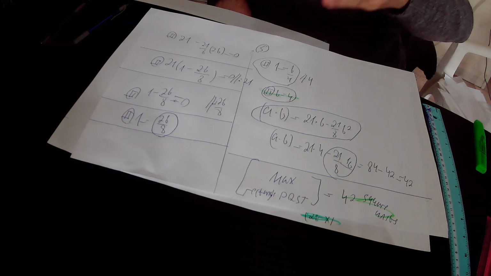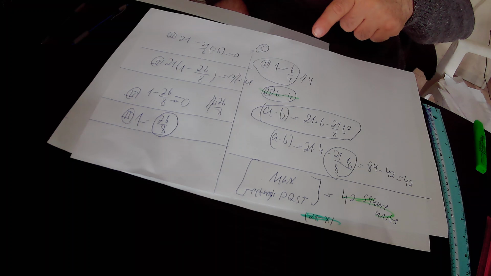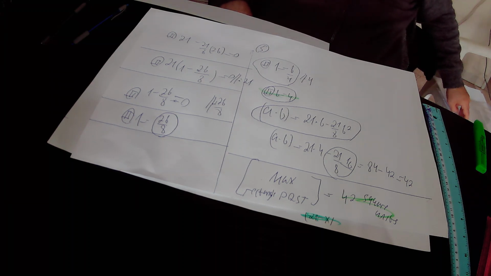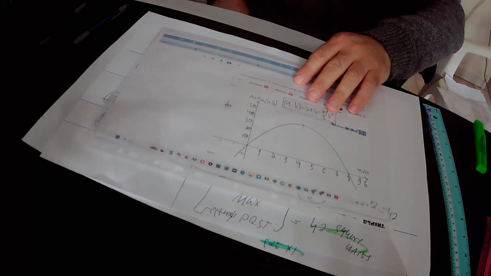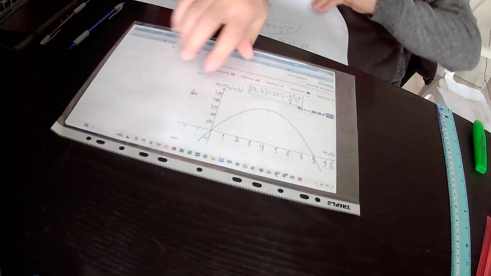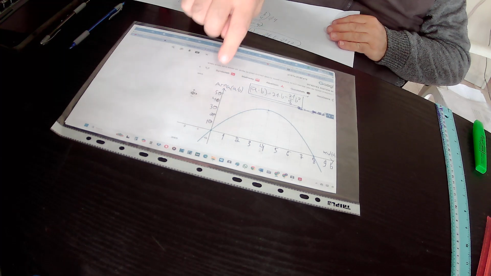I draw the graph of the function area to verify that b equals 4 is indeed a maximum extreme point and not a minimum extreme point. Actually, this is the graph of the function area of rectangle PQST. In the y-axis we have the value of the area.